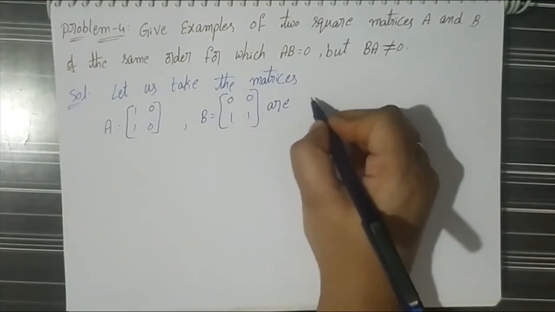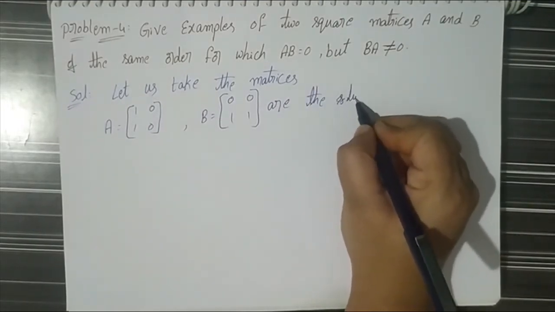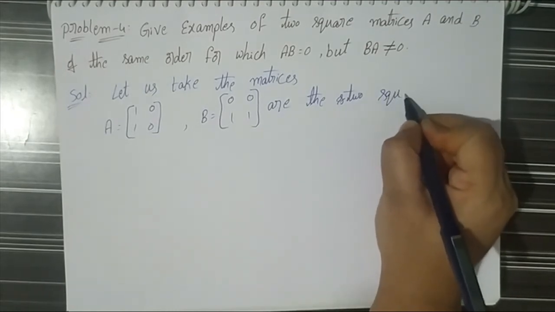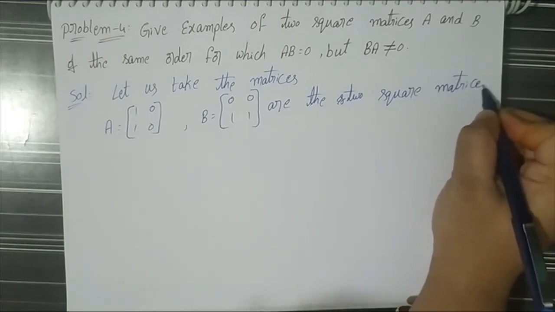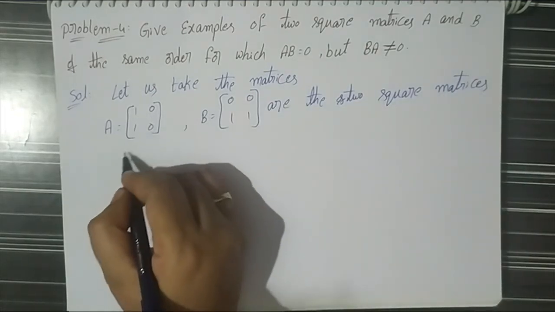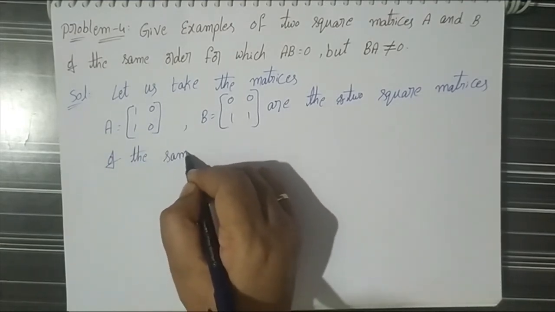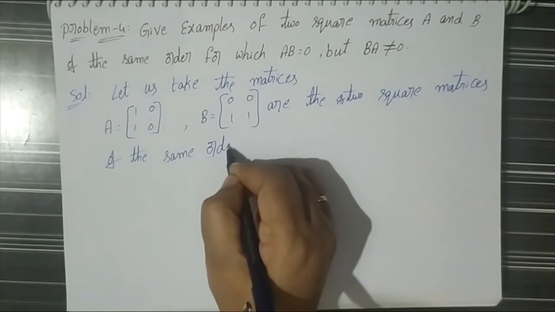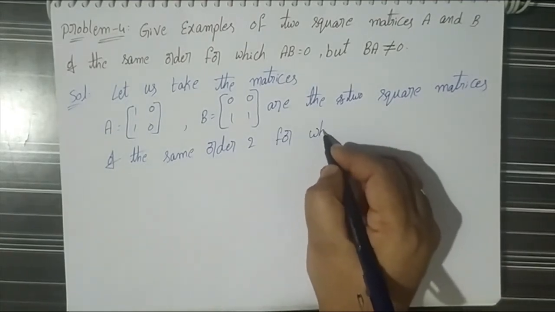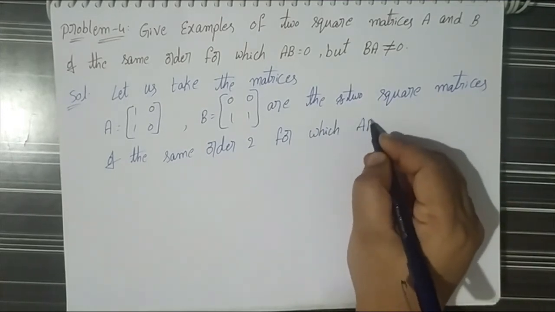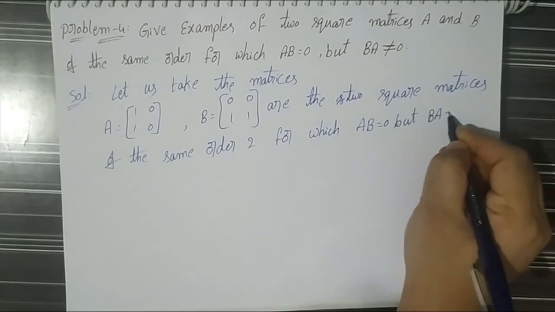These are two square matrices of the same order for which AB equals 0 but BA is not equal to 0.